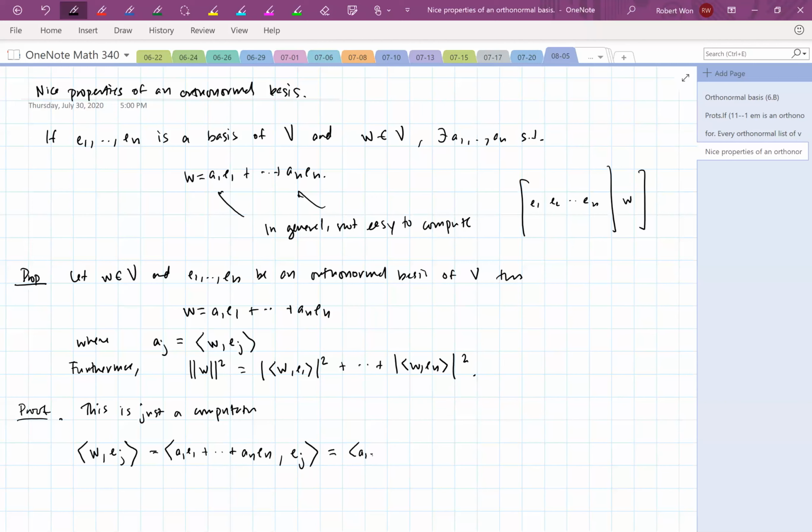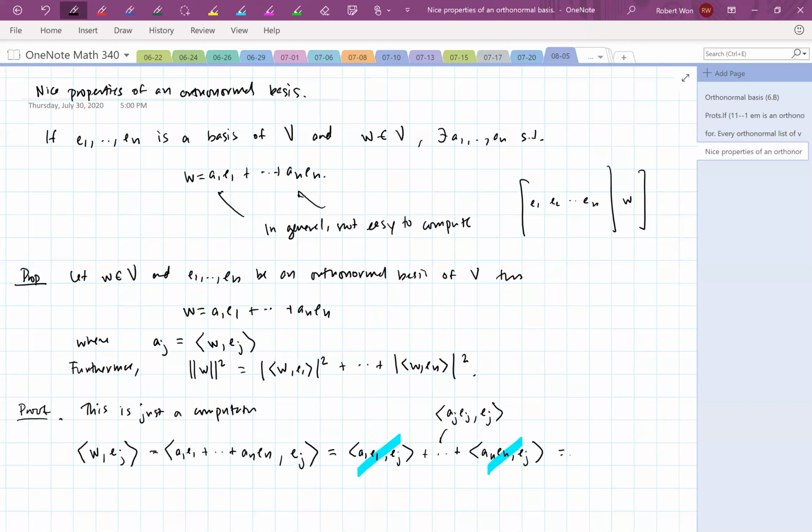So you can break up the inner product over the sum. And now most of these terms are 0, right? Because E1 is orthogonal to EJ, En is orthogonal to EJ. Just in the middle, there's some term that looks like AJ EJ, comma, EJ.